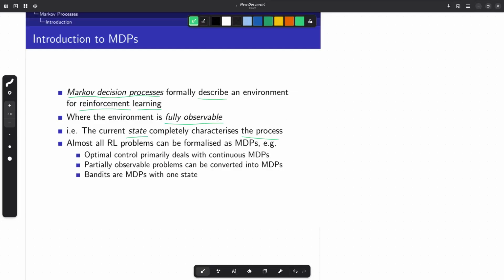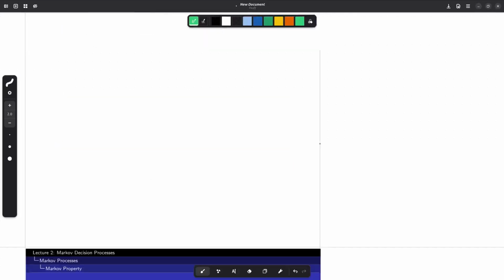Almost all of the RL problems can be formalized as MDPs. So we are going to see a lot of problems, and we are going to convert those problems into MDPs. Even when you have partially observable environments, again you can convert them to MDPs.